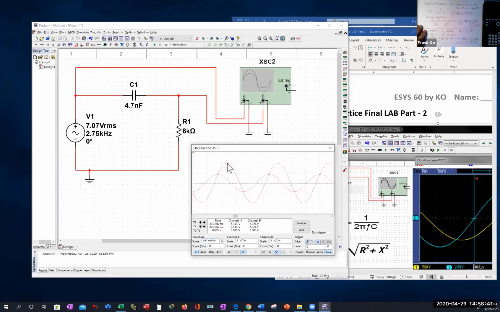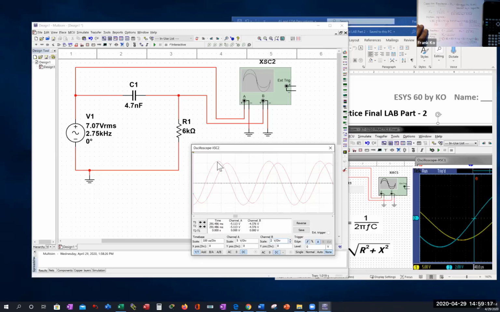So 2 divisions times 5 will give me what voltage peak right at this point? That will give me 2 times 5 is 10. So isn't the larger waveform a 10 volt peak? Are we good with that? So the larger waveform shows 10 volt peak. The smaller waveform shows whatever voltage we're going to measure across the resistor. Now, if I change my scale for channel 2, here's my scale for channel 2.